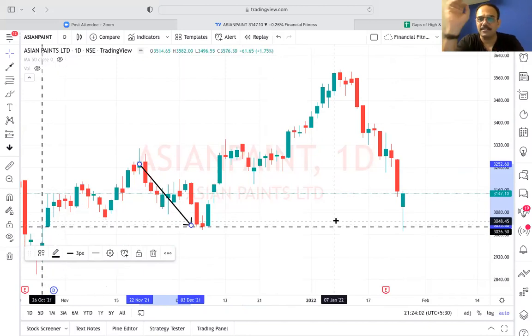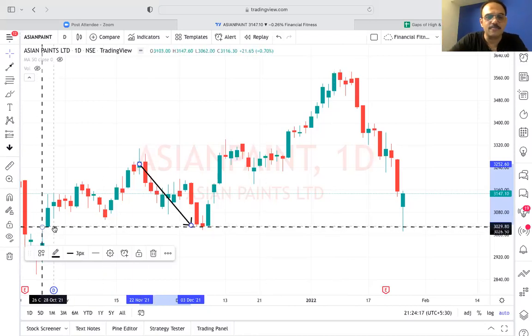That's why the Japanese love the gaps, because gaps are the secret support resistance levels from where the market takes support or resistance, and these are hidden support resistance. See, this level acted as support here, the price went up. For the last many days it was coming down, it came here, stopped exactly at that level and went back. Yes.